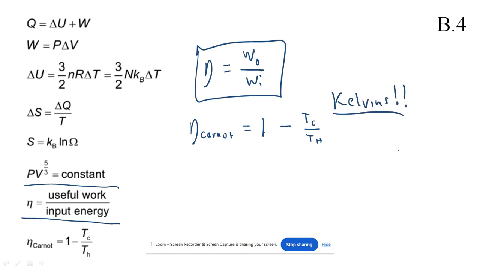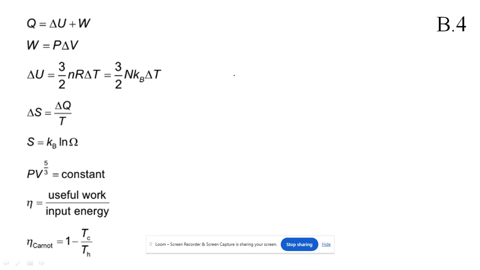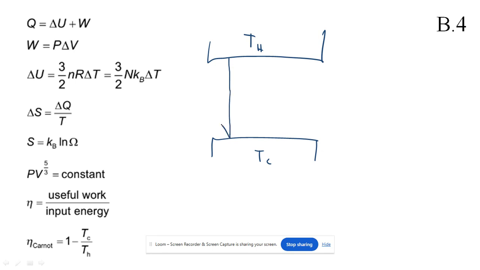Okay. So what happens is, we can draw a little diagram here. We've got a high temperature reservoir, we've got a low temperature reservoir. We draw these things. These are called Sankey diagrams. And so heat flows in.